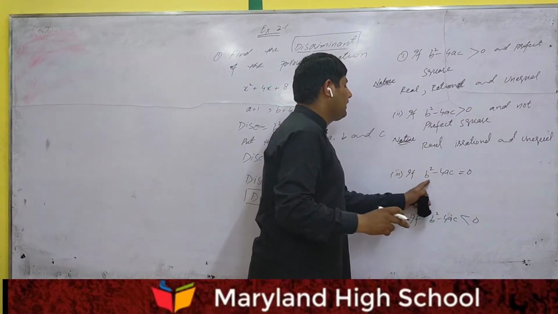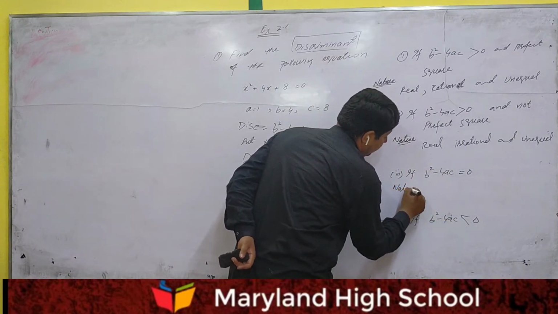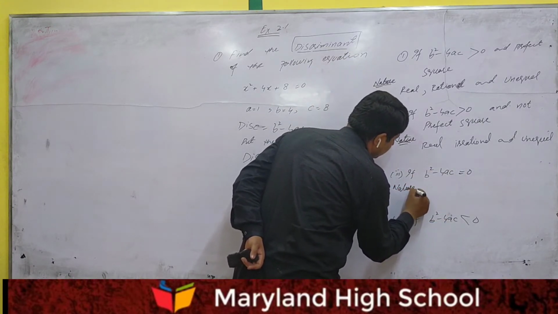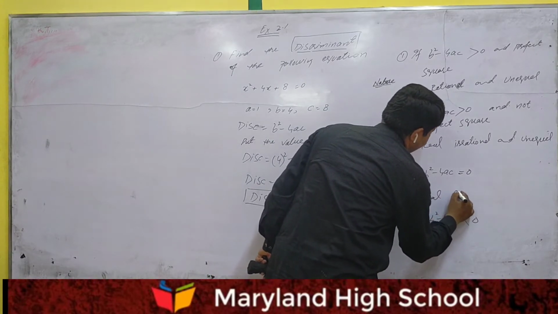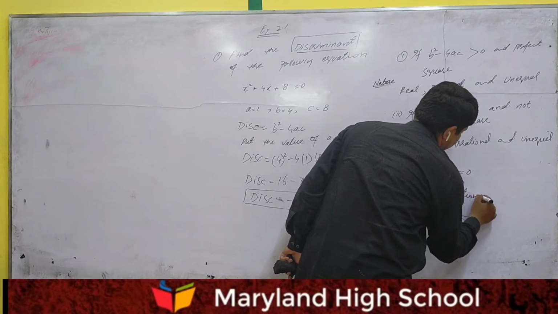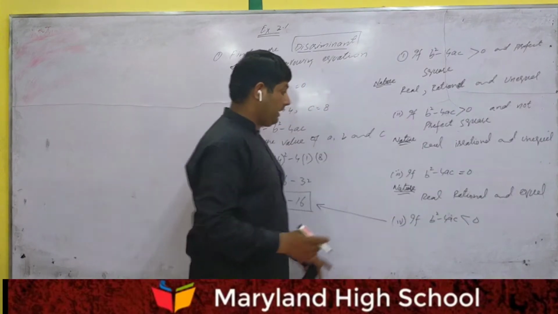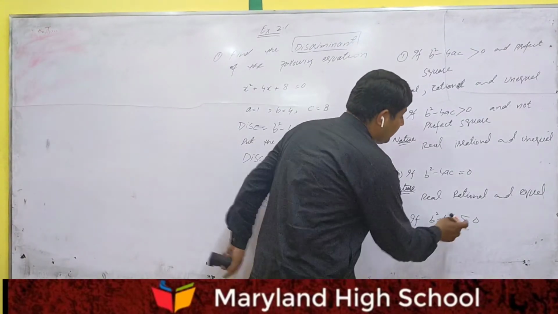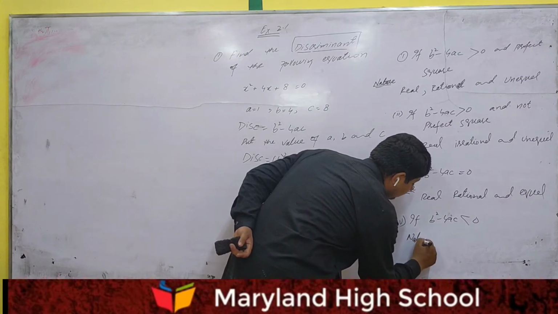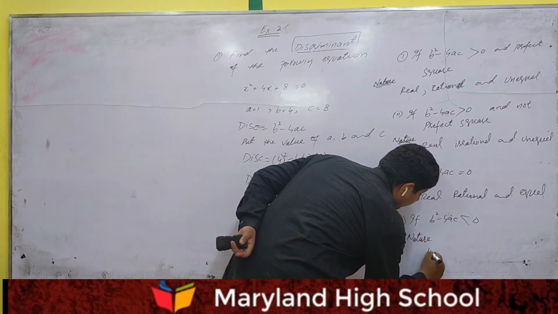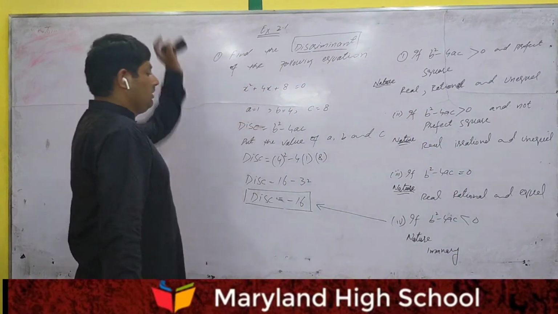If b square minus 4ac is equal to 0, then the nature of the equation is real, rational, and equal. And the fourth rule, b square minus 4ac is less than 0, then the nature of the equation is imaginary.